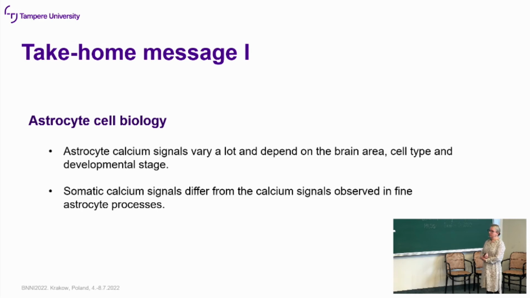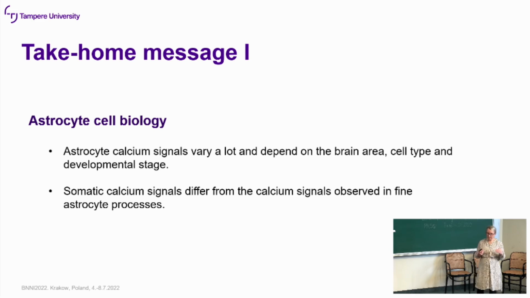Many times it's considered that the somatic calcium signals are slow, because you multiply many sources of calcium into the signal that you observe in the soma, so it looks like it's seconds. But in these processes you can visualize very fast events as well. Typically neuronal events are in the order of milliseconds. Here we are talking about processes from 10 milliseconds up to seconds.